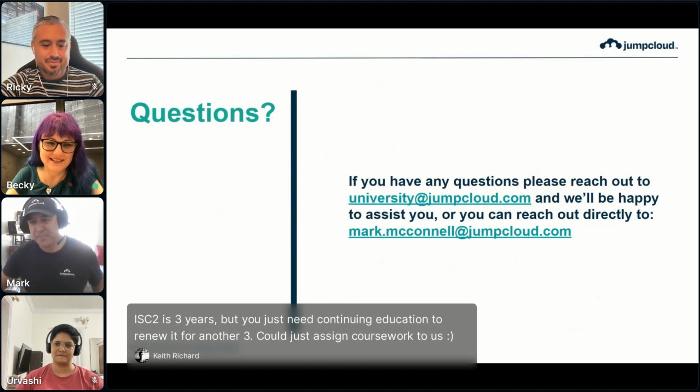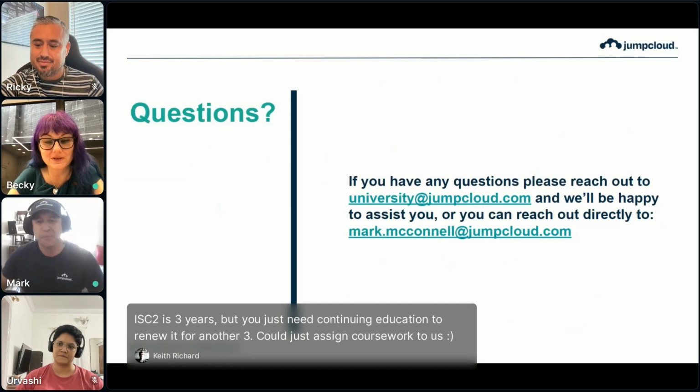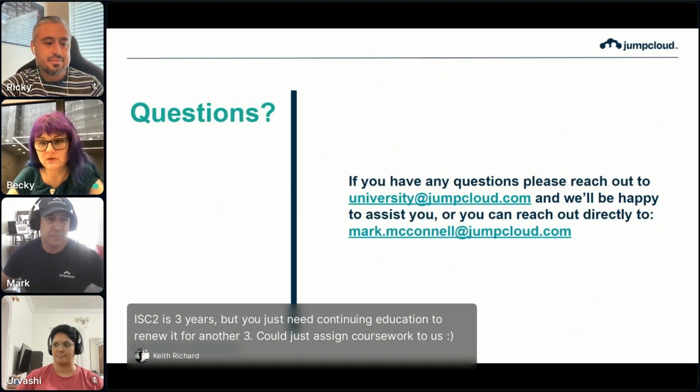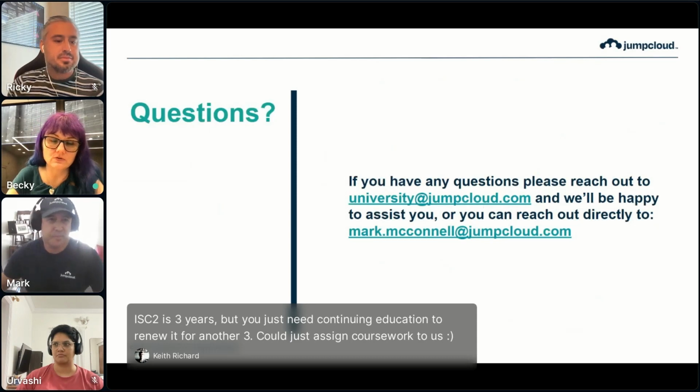Keith is saying ISC2 is 3 years, but you need continuing education to renew it for another 3, so reassign coursework to everyone. The good thing is that the coursework is free. It's only the certification that you have to pay for. But there does need to be enough change to justify that, is what we're hearing from everyone.